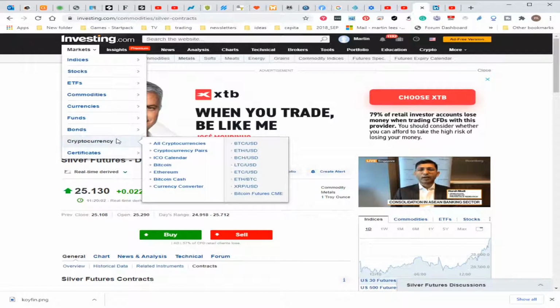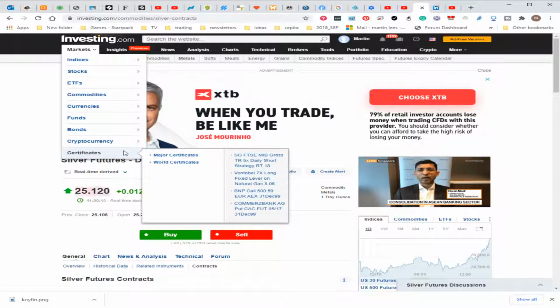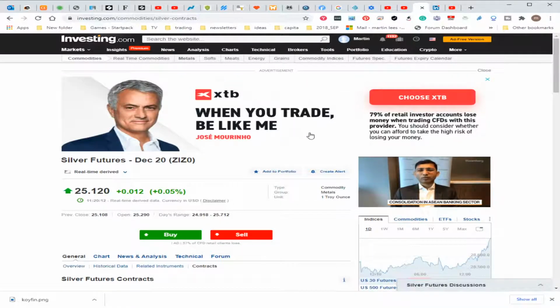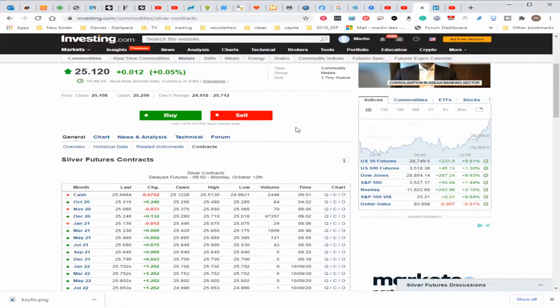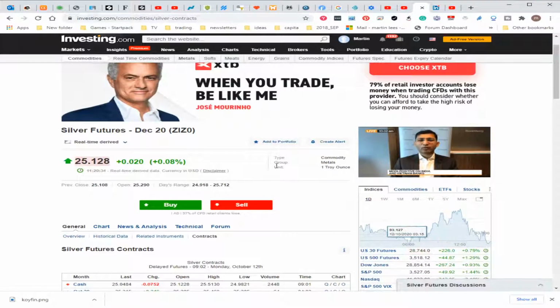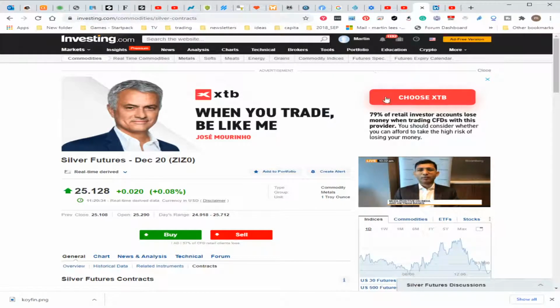Interestingly, there's a whole load of cryptocurrencies to look at, and particular certificates. So there's a wealth of knowledge here. I usually have it in the top corner because it's nice to see and flip between. So you can say, okay, Dow's going up, Nasdaq's going up, the dollar's going down, so the commodity should be going up. It gives you a very good capture of what's going on.